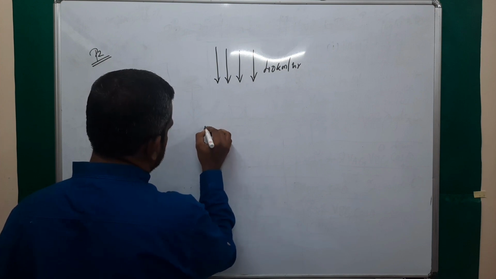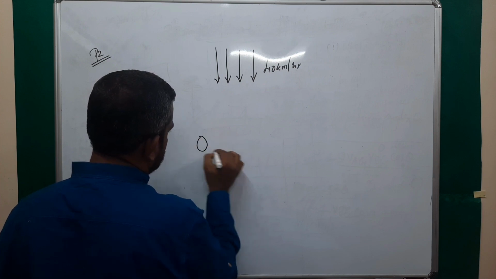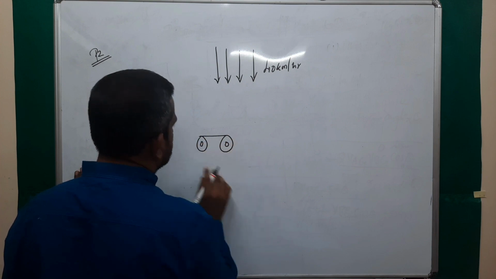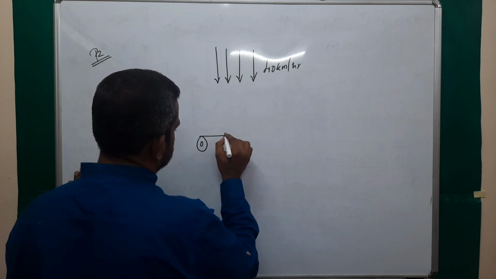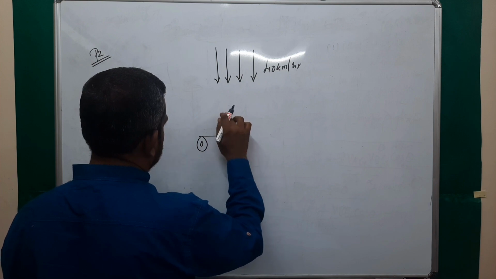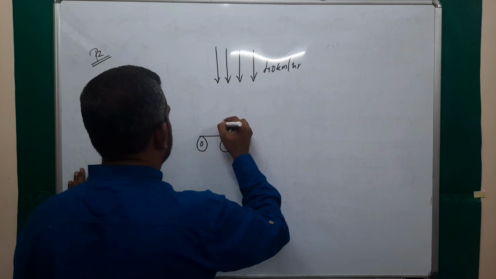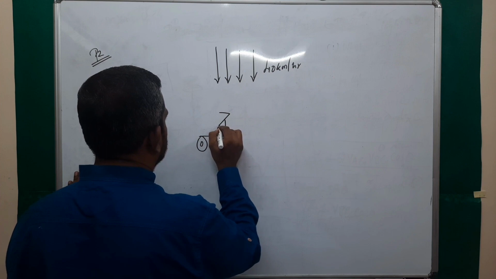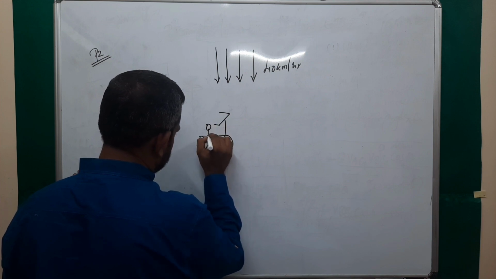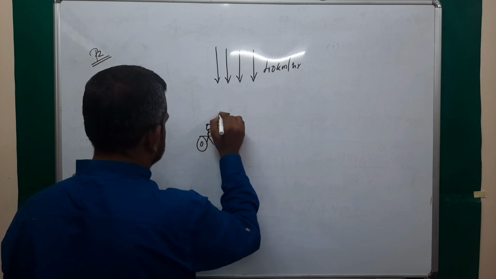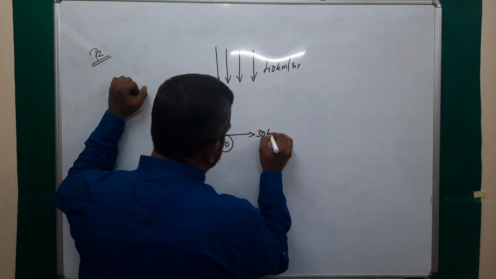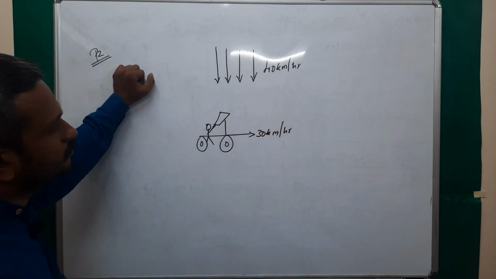So the man is riding the cycle with a speed of 30 kilometer per hour.